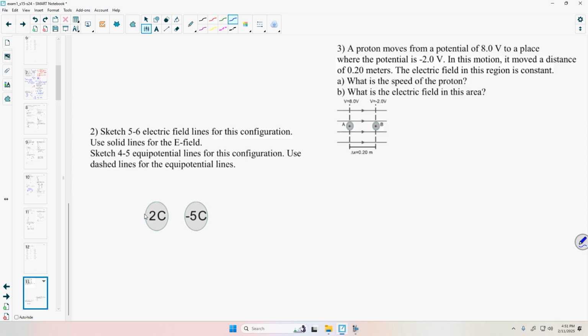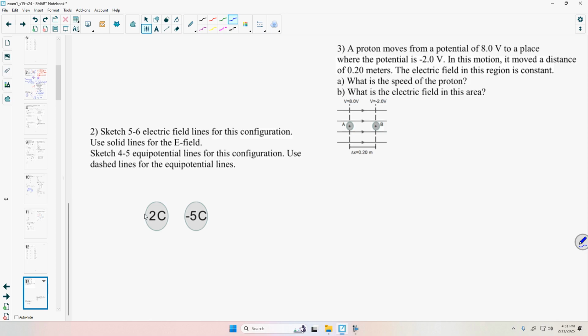So this one's kind of tricky because there's not a good even ratio between the two charges. But a nice simple way to do it is just to say, hey, 1 coulomb is equivalent to or assigned to a single field line. In which case the 2 coulombs would have how many field lines? 2. And then the 5 coulombs would have how many?